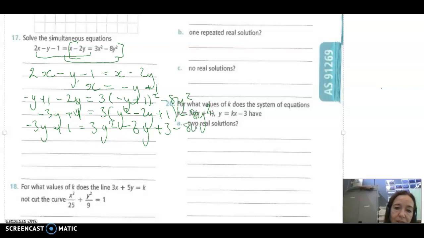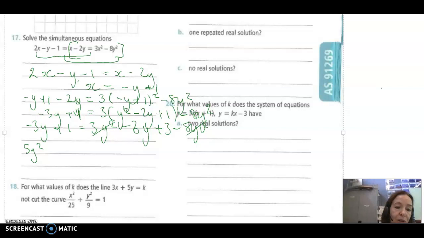Minus 8y squared. So now I can set it up as just a polynomial, taking everything to my left-hand side. The plus 3 and the minus 8 is going to give me minus 5y squared. So I'm just going to put positive 5y squared on that side. So I've dealt with those two. Minus 6y, and I've got a minus 3y on this side.